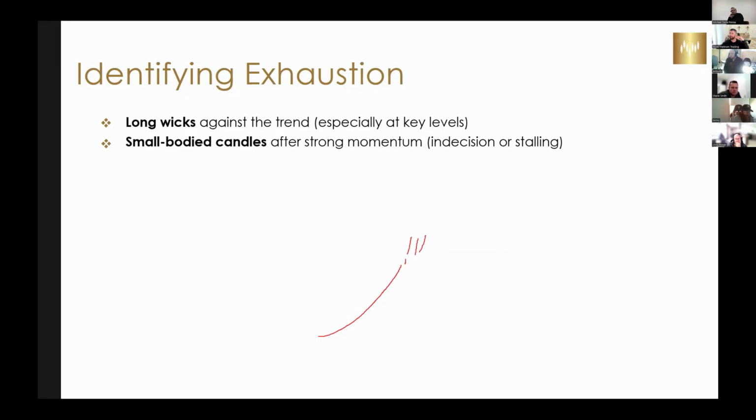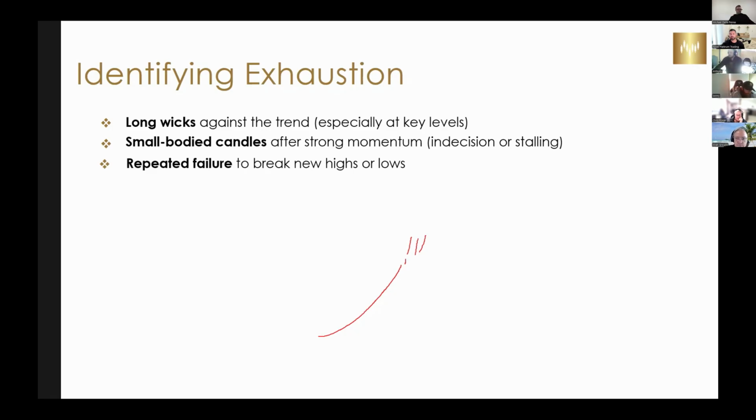So if you see big candles or movement in any one direction and things start to become smaller and smaller and smaller, guess what? Momentum is dying. People aren't doing the same thing as they were, as often as they were. Repeated failure to break new highs or lows.